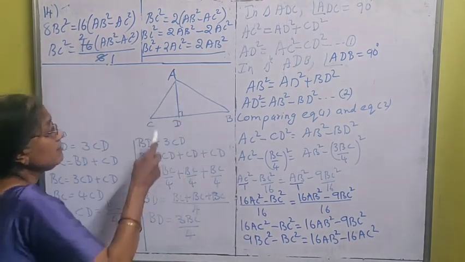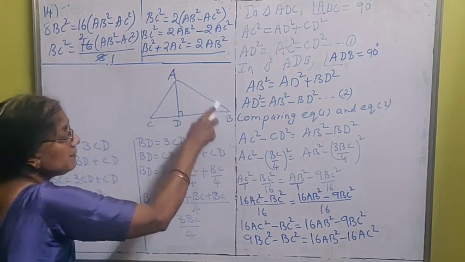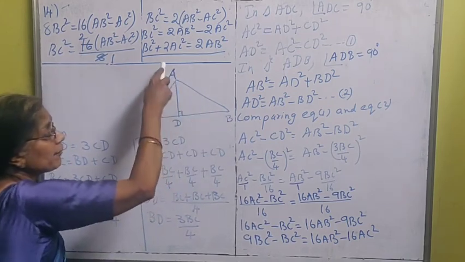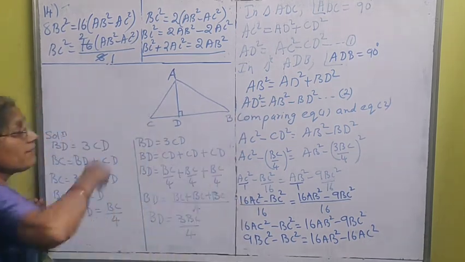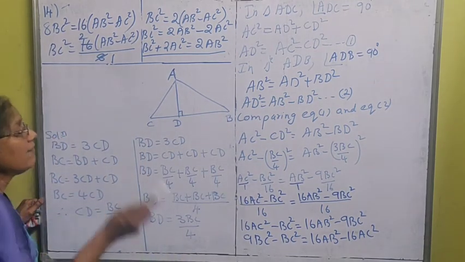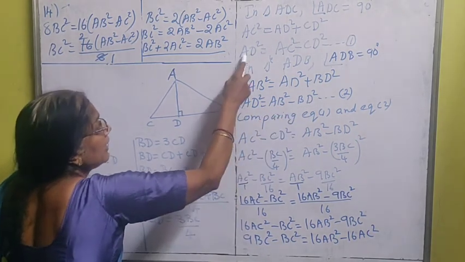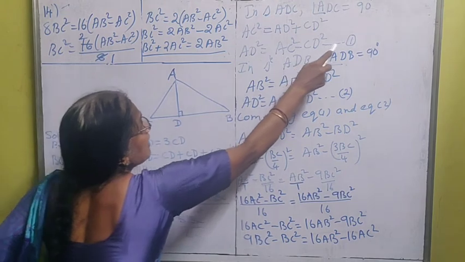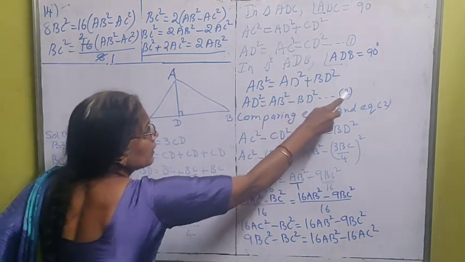Similarly, in triangle ADB, angle ADB is 90 degrees, and AB is the hypotenuse. So AB² is equal to AD² plus BD². Now here also I will find AD², which is equal to AB² minus BD². So AD² is equal to AC² minus CD² is equation number 1, and AD² is equal to AB² minus BD² is equation number 2.